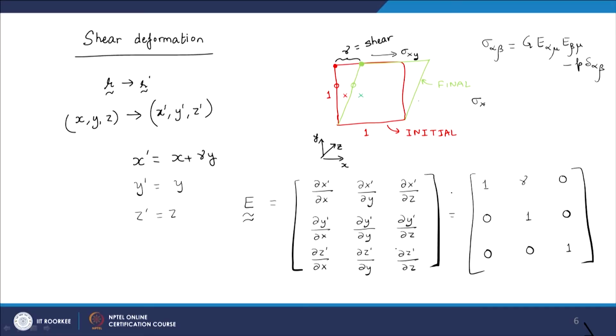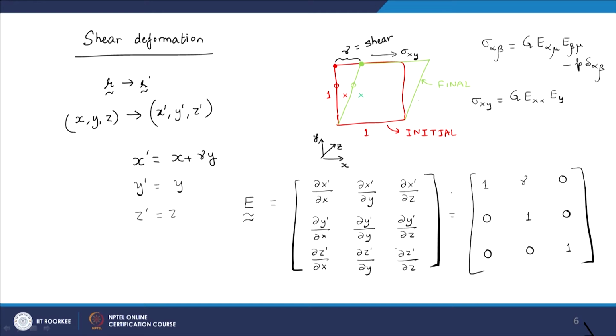So, if I look at that term, that is going to be g times the sum over mu of E x mu, E y mu, and mu is a dummy variable. So, it has to be summed over all possible values of mu, that is x, y and z. So, E x x E y x plus E x y E y y plus E x z E y z, and of course Kronecker delta of x y is 0.